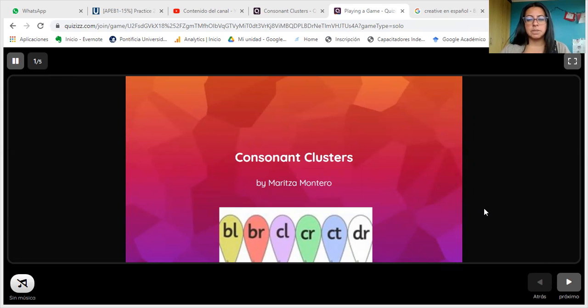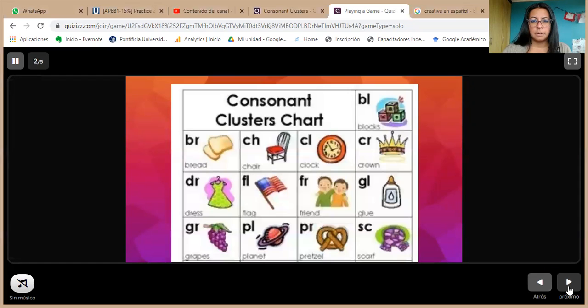I prepared a presentation on Quizizz that I'm showing here on my screen, and I'm going to explain. So here we have some consonant clusters chart.